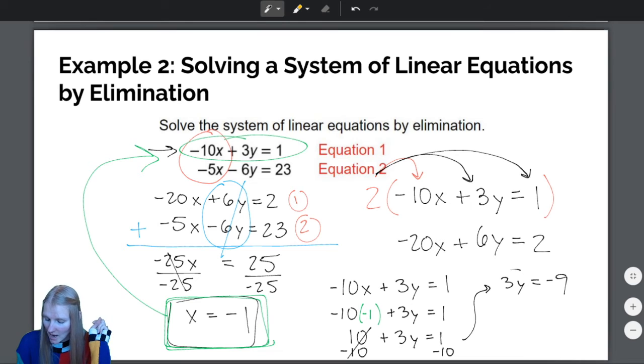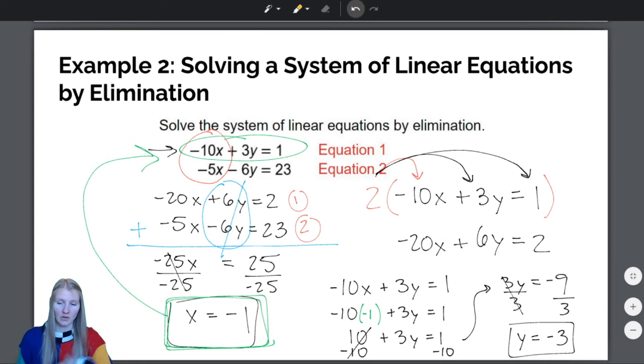Okay, and now to get y by itself, since I have 3 times y, I need to divide by 3 on both sides, and I get y is equal to negative 3. Negative 9 divided by 3 is a negative 3. So there we go. I have x, I have y. All that is left is to write it in the form x, comma, y.